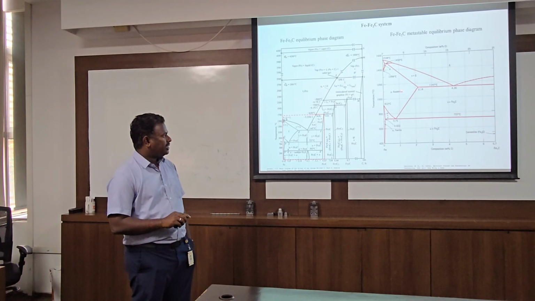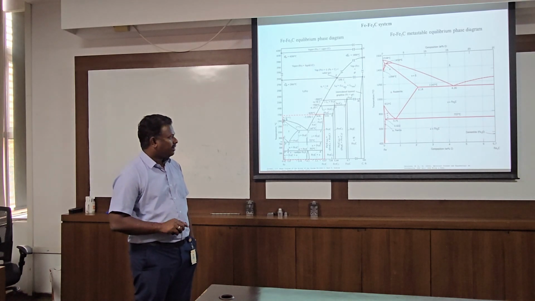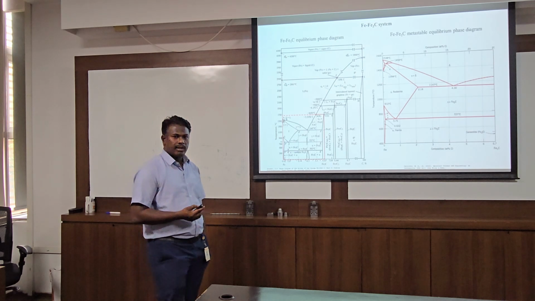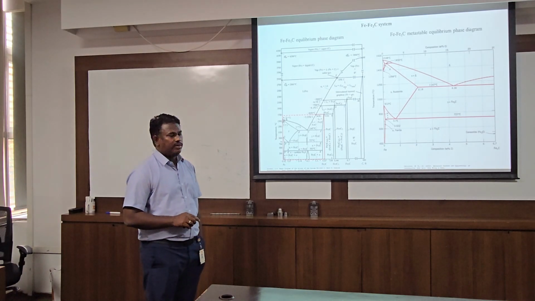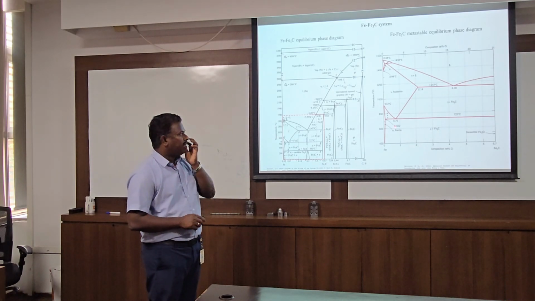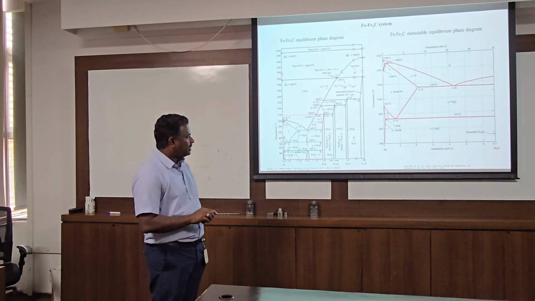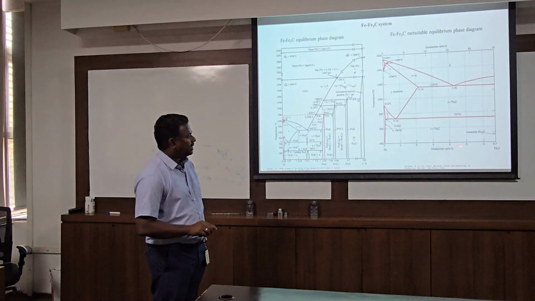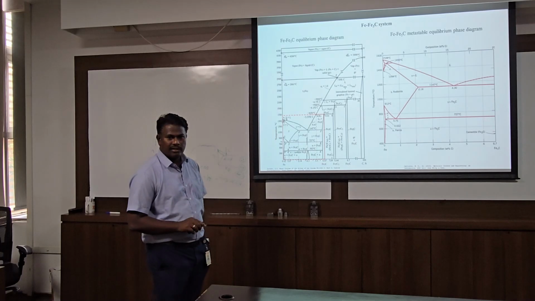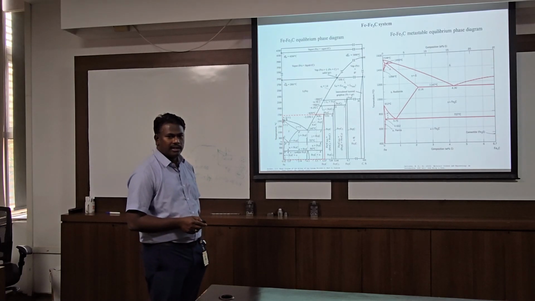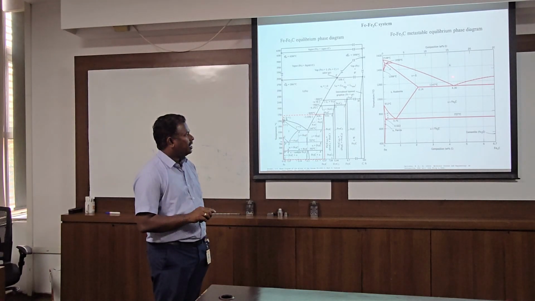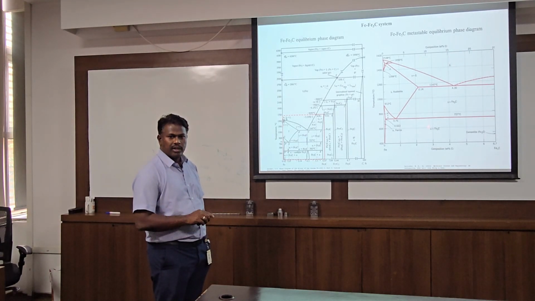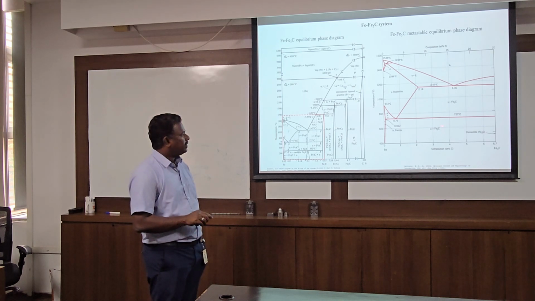From here to here, on this left side, is the whole family of steels: low carbon steel, mild steel, plain carbon steel, even austenitic stainless steel. Austenitic stainless is multi-component, but its carbon percentage falls within this range. But if you go to the eutectic side, it is the cast irons, grey cast iron or white cast iron. All those cast irons come from here to here, where the flowability is very high, so you can make different complex shapes.